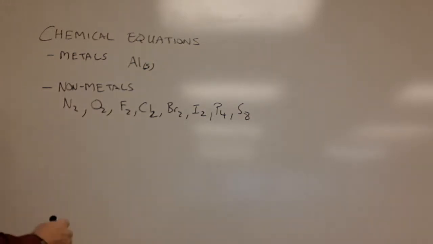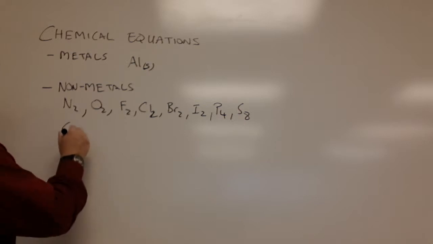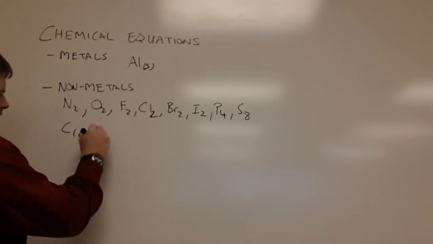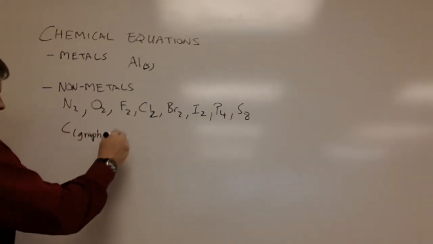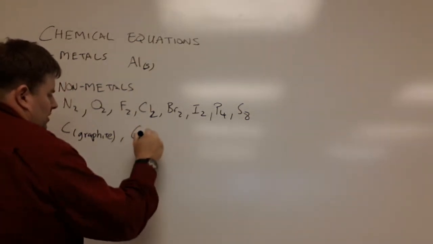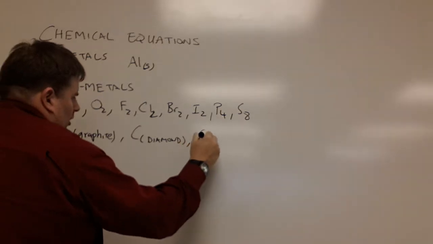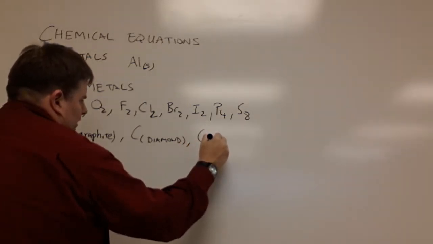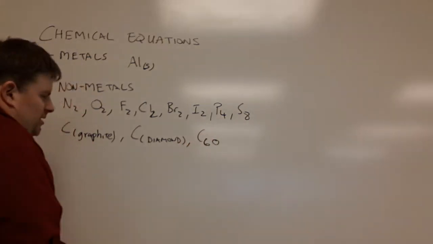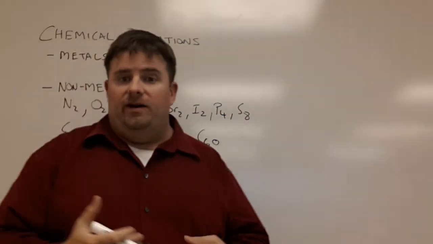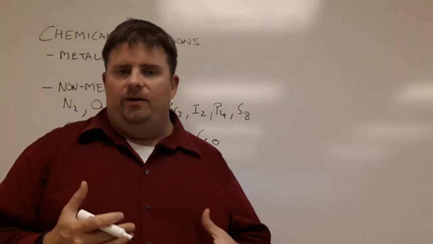When you talk about carbon, carbon generally shows up as graphite, or carbon shows up as diamond, or carbon can show up as C60, which is known as the buckyball. And there's other different types of allotropes of carbon like that, but these are the 3 main ones.